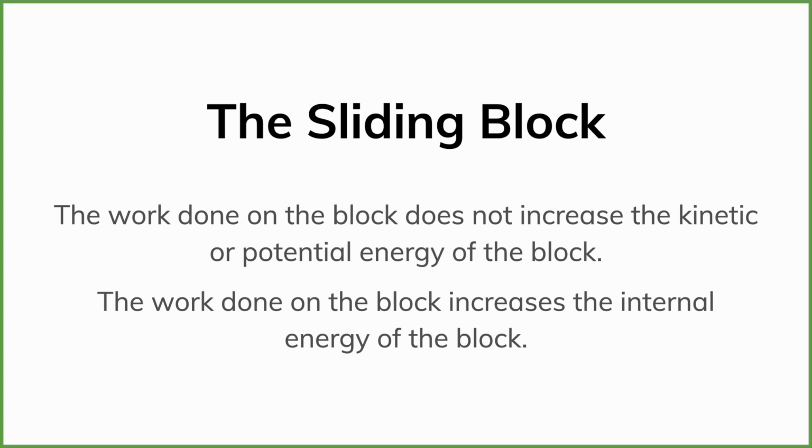Friction creates warmth. It creates an increase in temperature. That example of the sliding block is a really good illustration of how you can apply work and apply a force. You don't change the kinetic or the potential energy of the block itself, but you do end up increasing the internal energy of the particles inside that object.